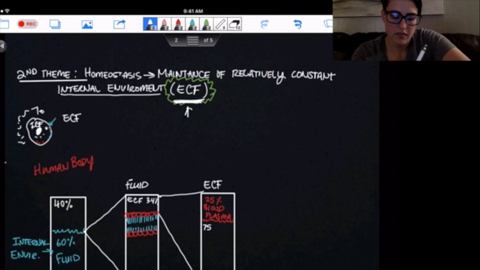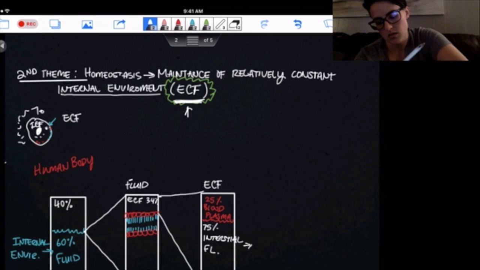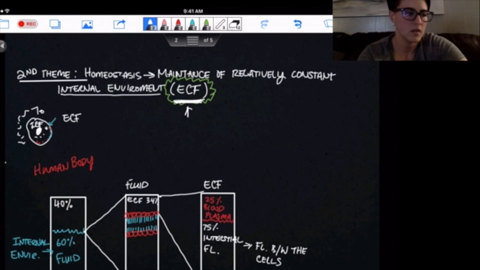The other 75% is called interstitial fluid. Interstitial fluid, it's the fluid between the cells. So that's the fluid between the cells.